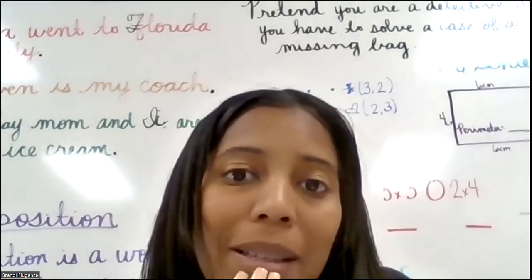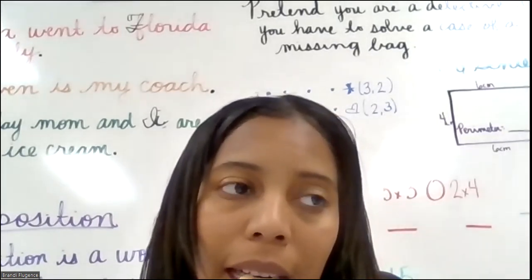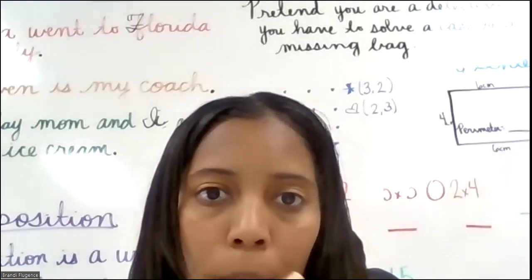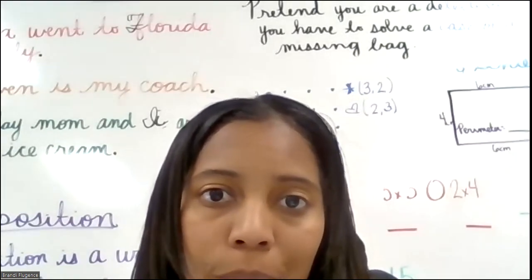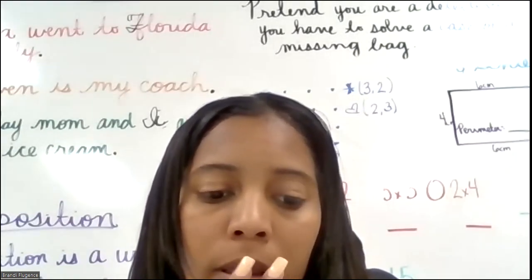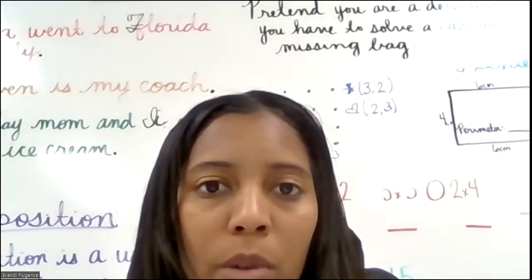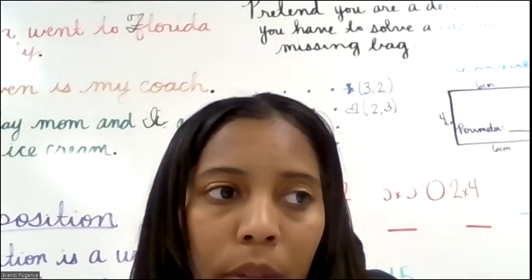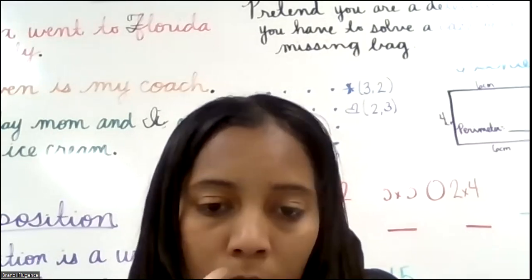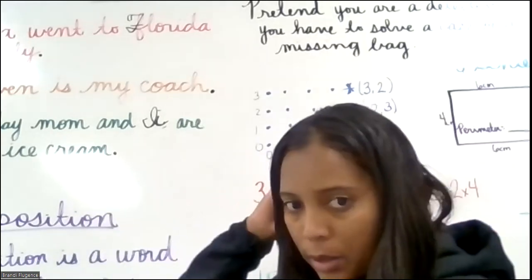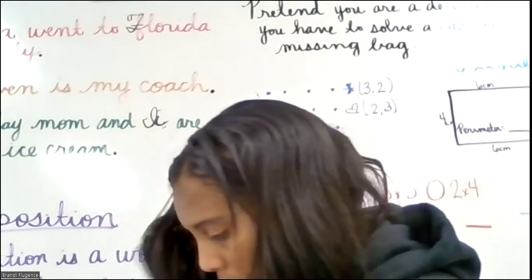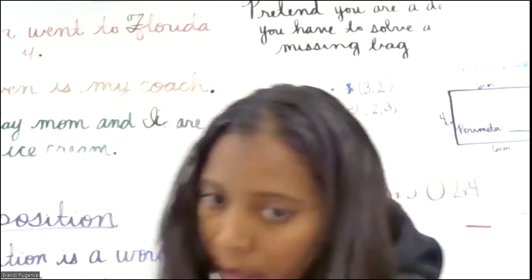All right, and then 2 times 9 would be 18. Now, do y'all see the pattern, guys? The columns? And then 2 times 10 would be 20. So which columns will we color the whole thing? 2, 4, 6, 8, and 10. Go ahead and color those columns all the way down.